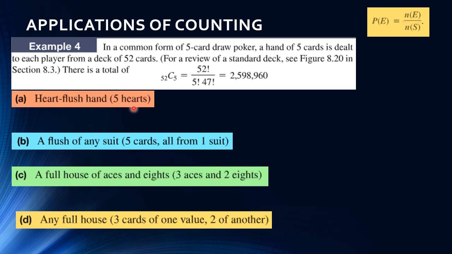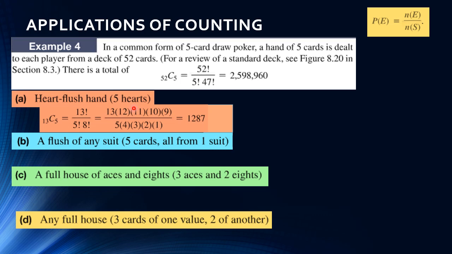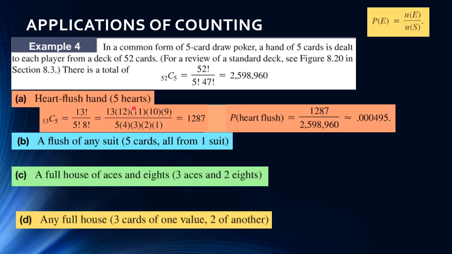So that's our numerator, the combination of 13 things taken 5 at a time, because again, in a hand of cards, it doesn't matter how you arrange them in order, you still have the same hand of poker, if you will. And so the probability of a heart flush is the number of events in our outcome, 1287, divided by the total number of outcomes possible that's given in the problem.